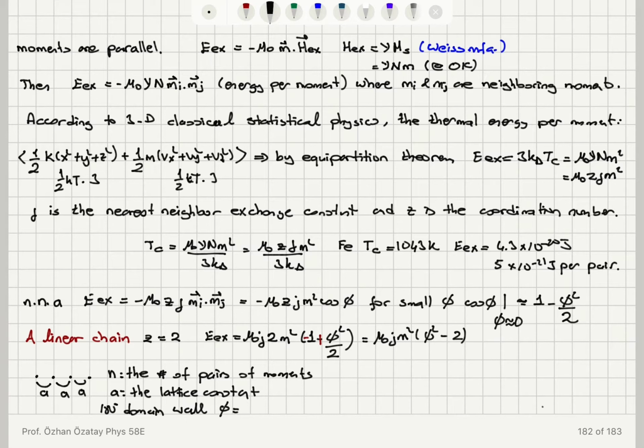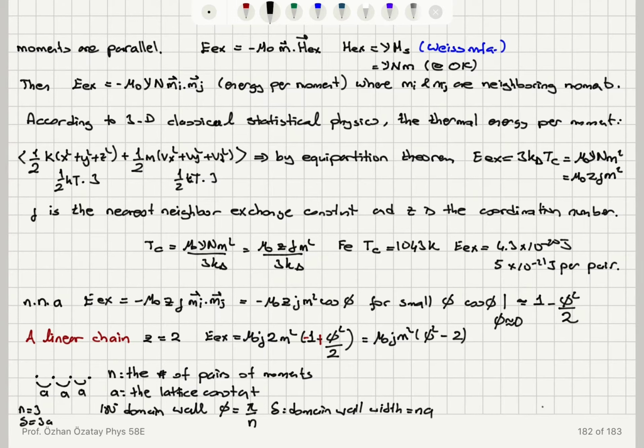The angle phi between each pair of moments will be pi divided by n, and the domain wall width will be equal to n times a. Okay, so for example, here n is equal to 3, domain wall width is equal to 3a in this example.